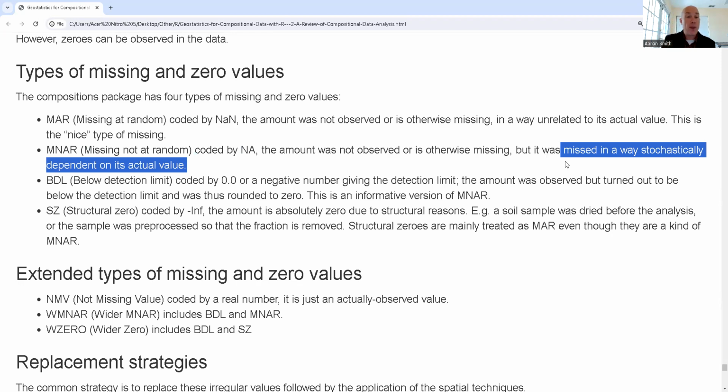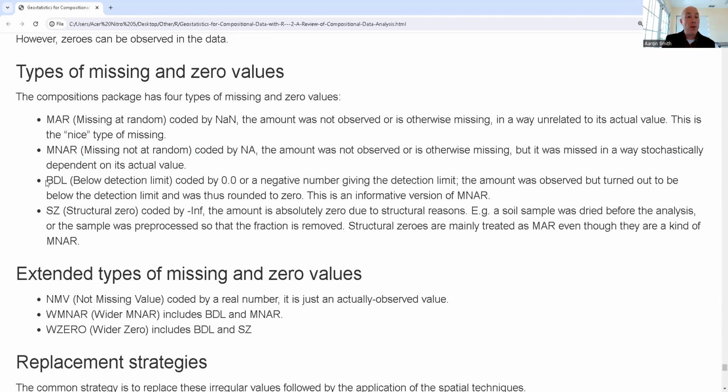Now, the next one is the below detection limits aspect. And what will happen here, this package, either it will be coded as a zero, or it will be a negative number where the absolute value is below detection limits. All right, so in this situation with detection limits, my tools for analysis can only go so low before it can't really interpret what's going on.